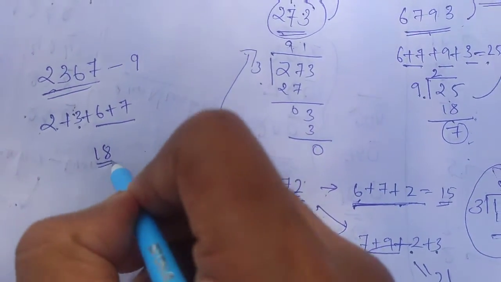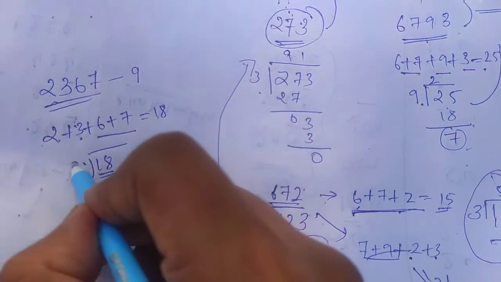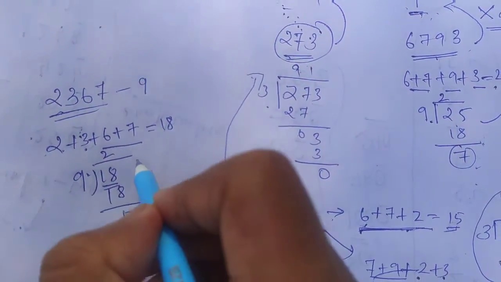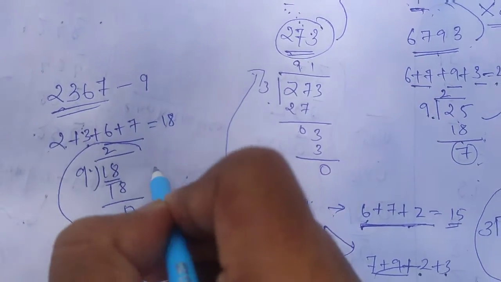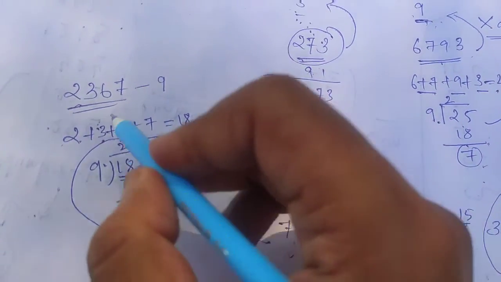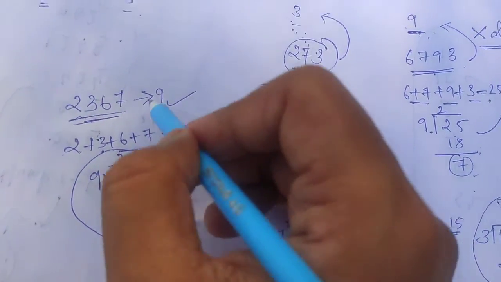Now divide this 18 by 9. 9 2s are 18. So you get remainder 0. Therefore, this number 2367 is divisible by 9.